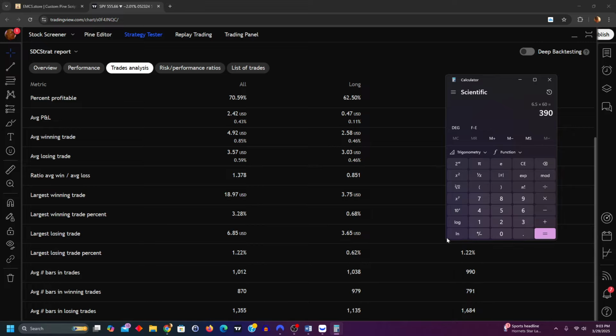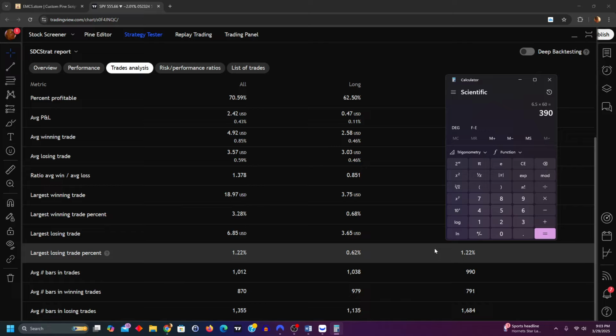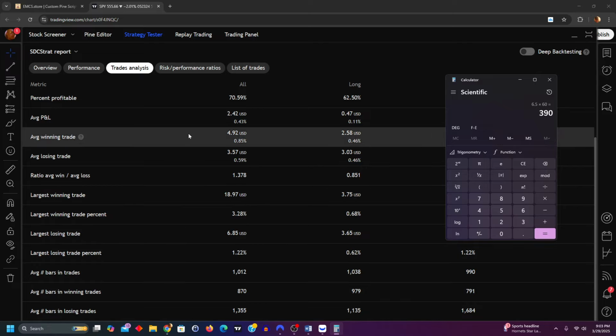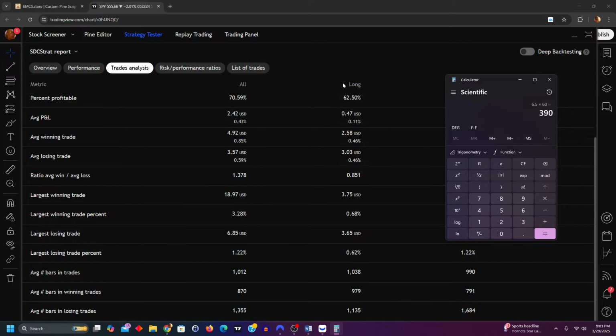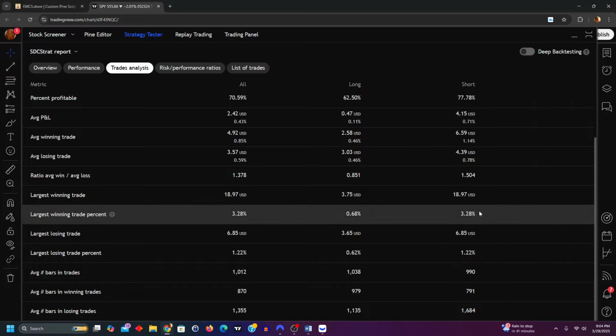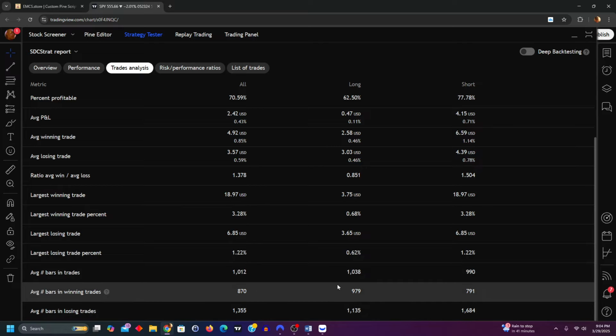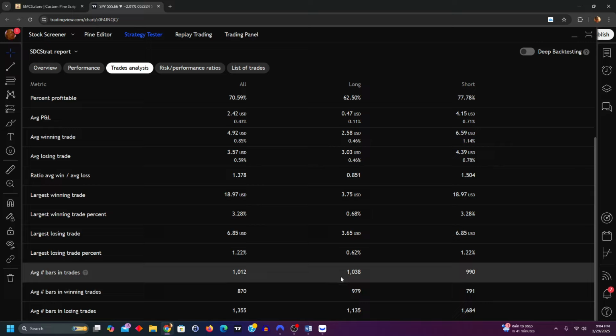That's 390 minutes in a trading day, and this particular example of this strategy is on 30 seconds, so times 2, and that's 780 bars in a trading period or trading day that the market's open, right?